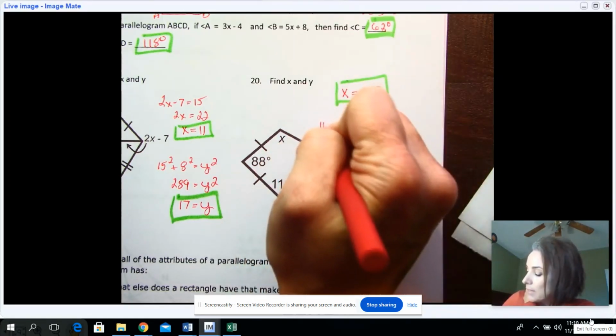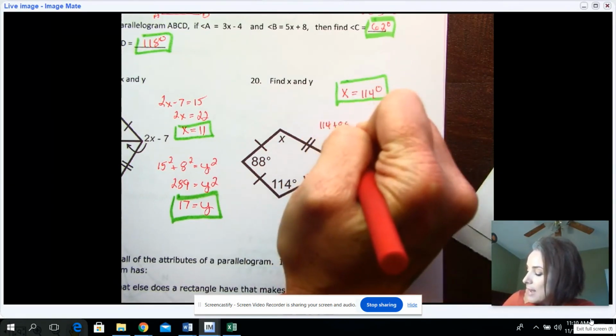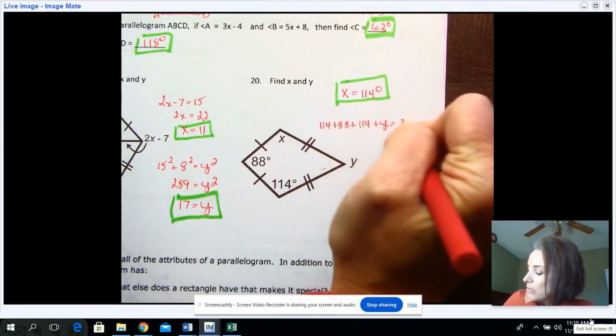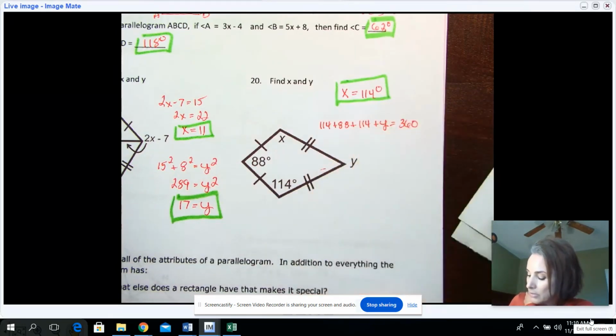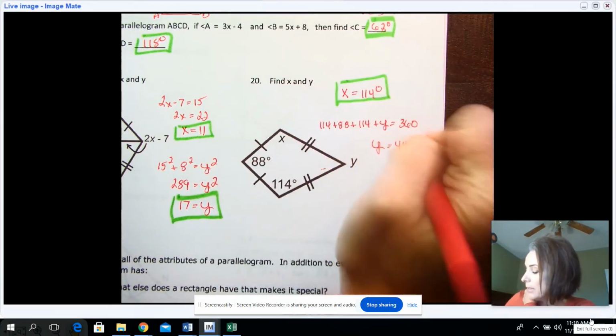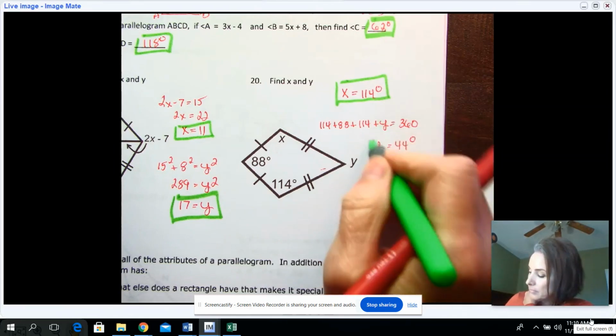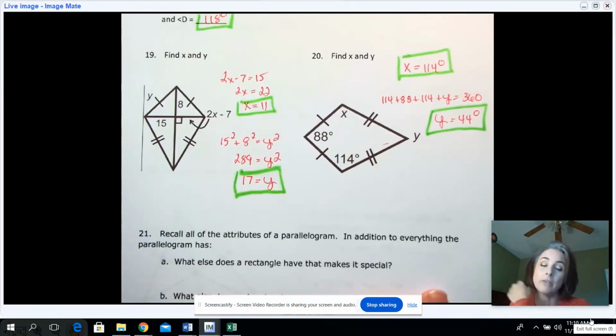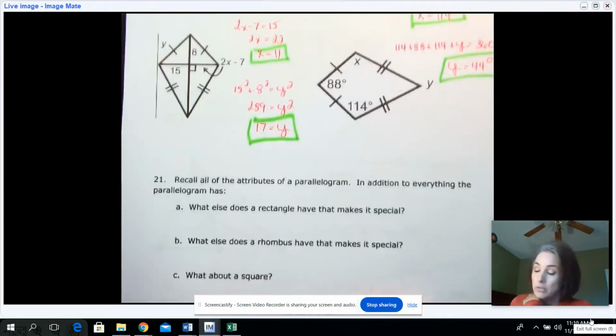So 114 plus 88 plus 114 plus y all have to equal 360. So 360 minus 114 minus 114 minus 88 leaves us with 44. So y is 44 degrees. Yes, you have had several of these problems. It's really hard to find problems like these. There's not a whole lot of them.